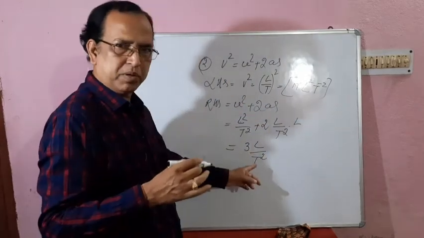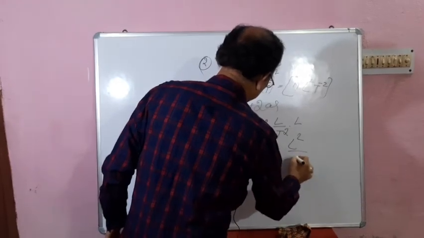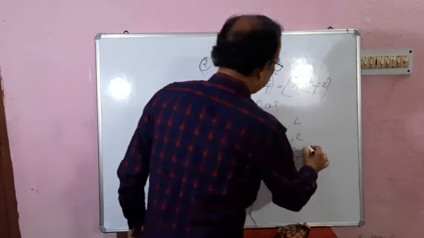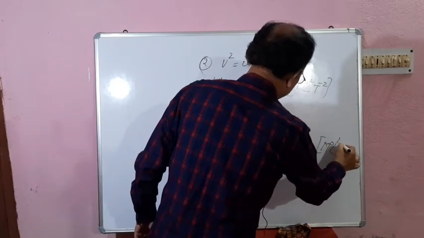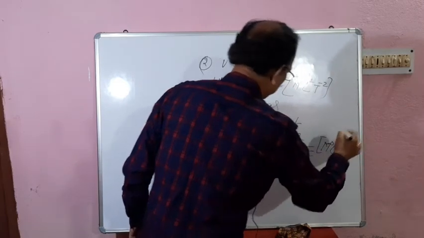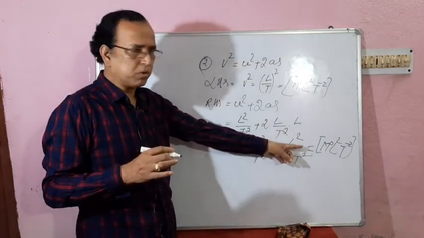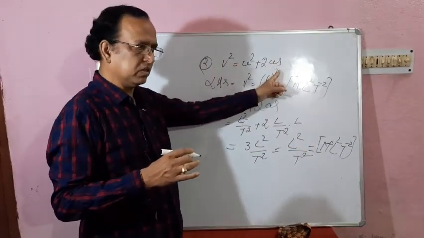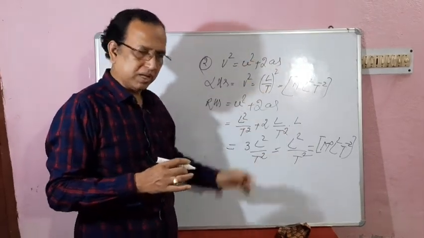So 3 is a number which is dimensionless, so it is equal to L square by T square. So the dimension formula is M0 L2 T minus 2. So LHS is equal to RHS. That is proved. This equation is correct by dimensional formula.